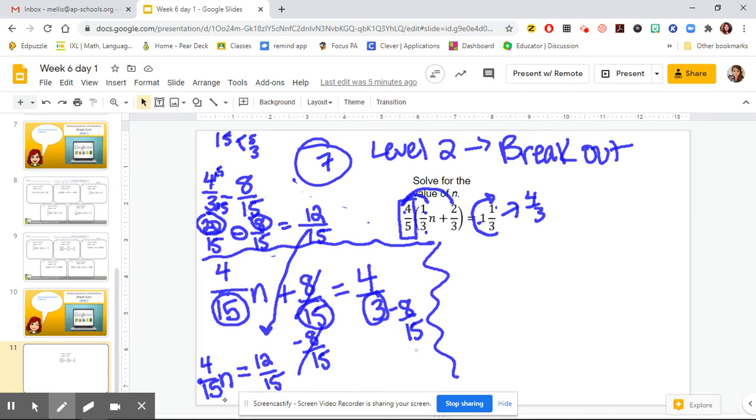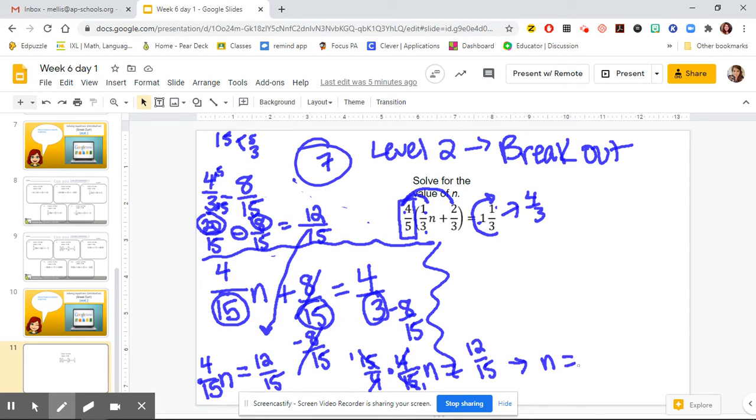The reciprocal of 4/15 is 15 over 4, right? I just flip it. So to get rid of 4 over 15, I multiply by the reciprocal. Because 15 and 15 will cancel out, because 15 divided by 15 is 1, right? And then 4 divided by 4 is 1. So we just have 1n.